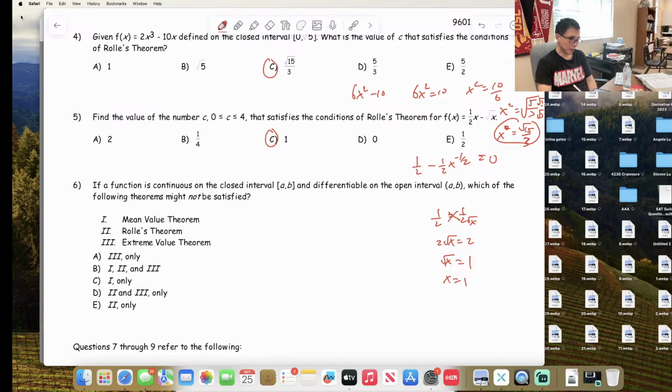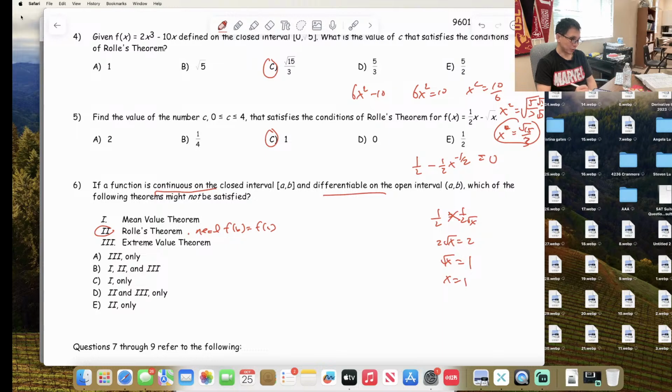For this one, it says continuous, differentiable, which of the following may not be satisfied. Well, we know that's not enough for Rolle's theorem because Rolle's theorem needs one more, right? Need f of b equal to f of a. So this one is not going to be satisfied.